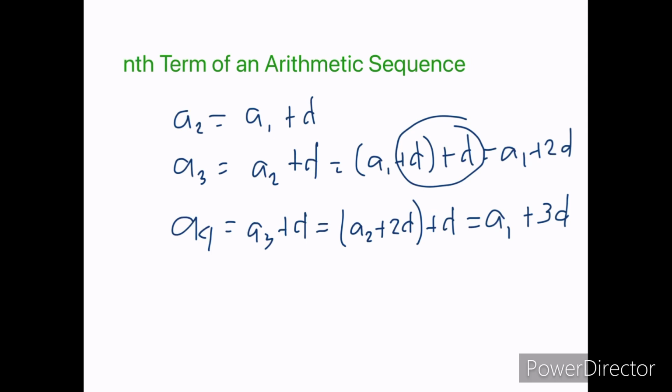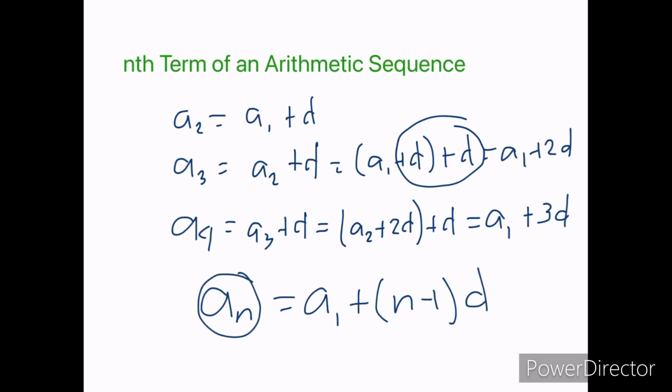Continuing the pattern gives the general or the nth term of an arithmetic sequence: a sub n is equal to a sub 1 plus open parenthesis n minus 1 close parenthesis times d, where a sub n is the nth term of an arithmetic sequence, a sub 1 is the first term, n is the number of terms, and d is the common difference.